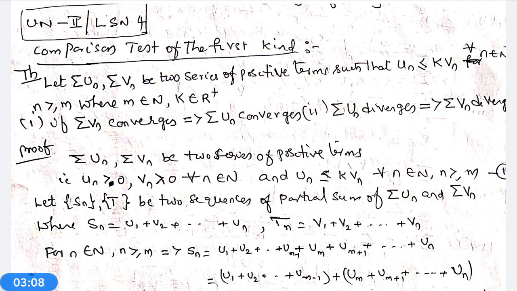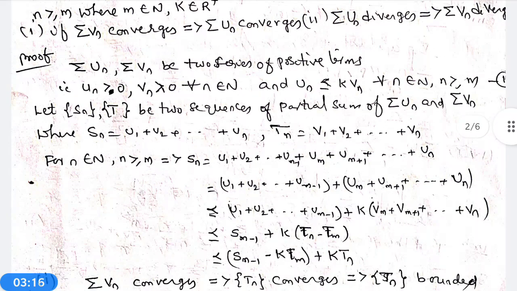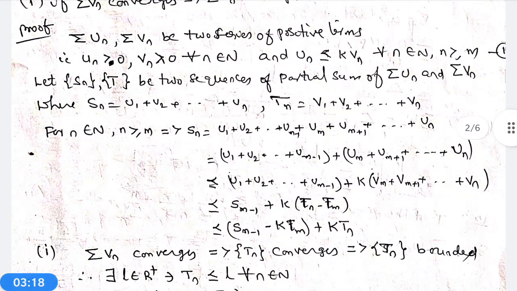Let the sequences Sn and Tn be the sequences of partial sums of sigma un and sigma vn respectively, where Sn is equal to u1 plus u2 plus etc. un, and Tn is equal to v1 plus v2 plus etc. vn.